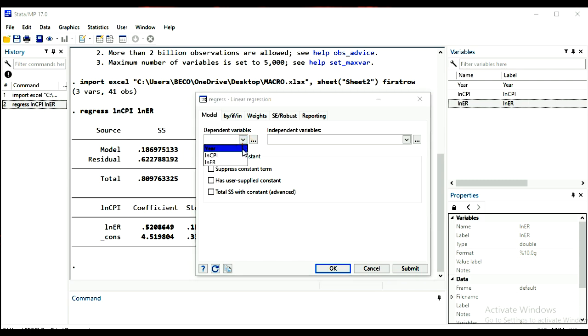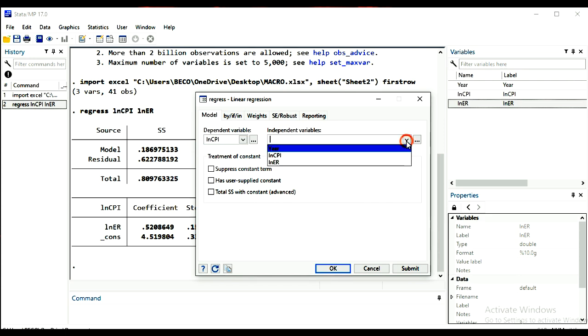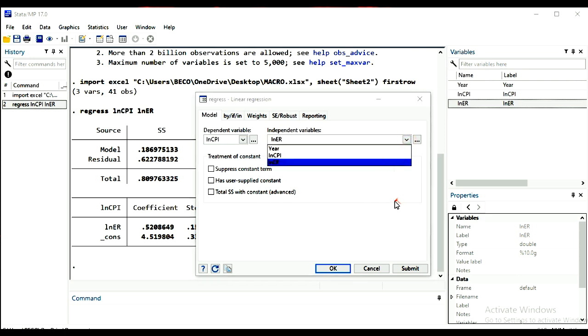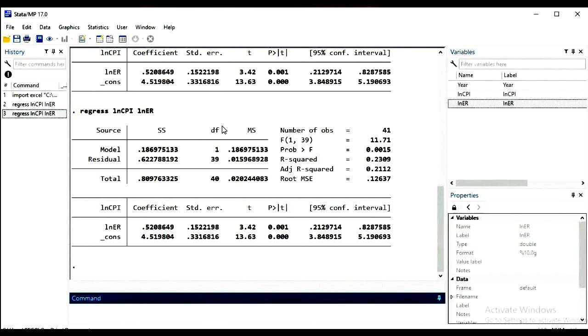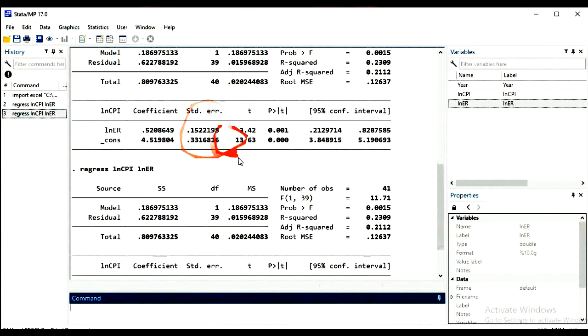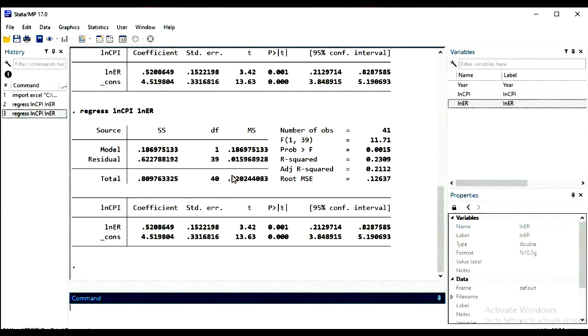So you need to choose that one. And in the space for the independent variable, you need to provide ln of exchange rates in our case. Fine. Then okay. The results from the command based analysis and the menu based analysis are exactly the same.